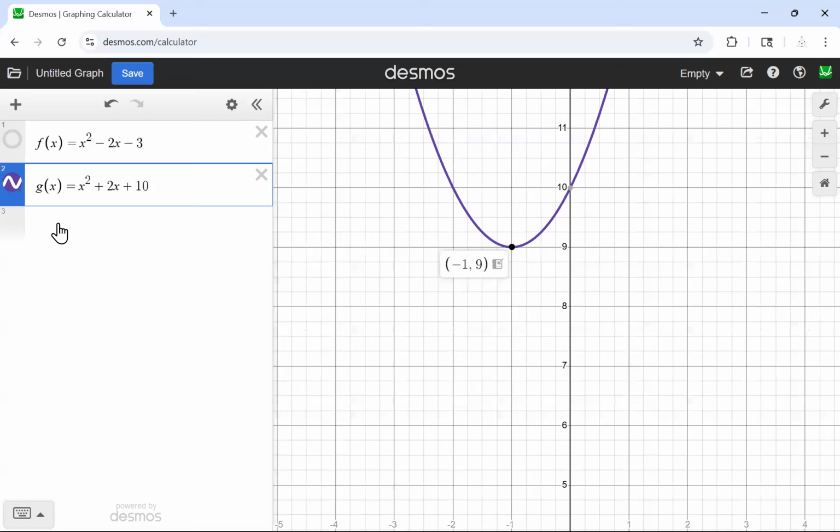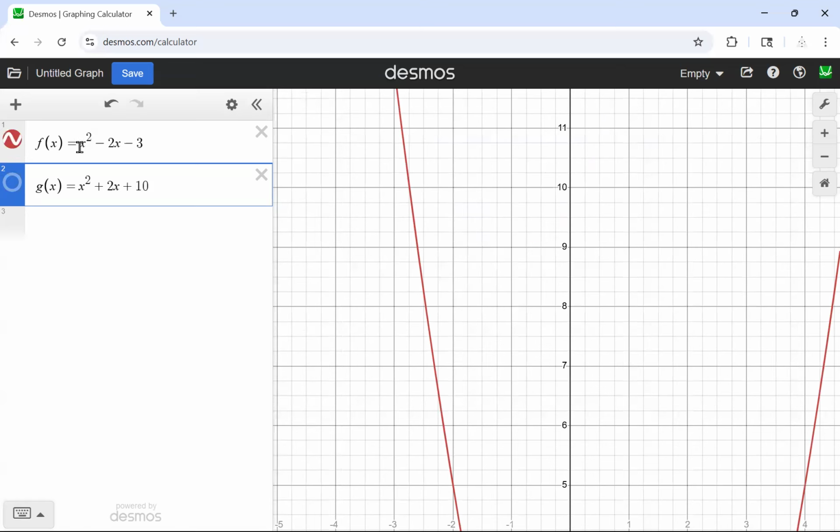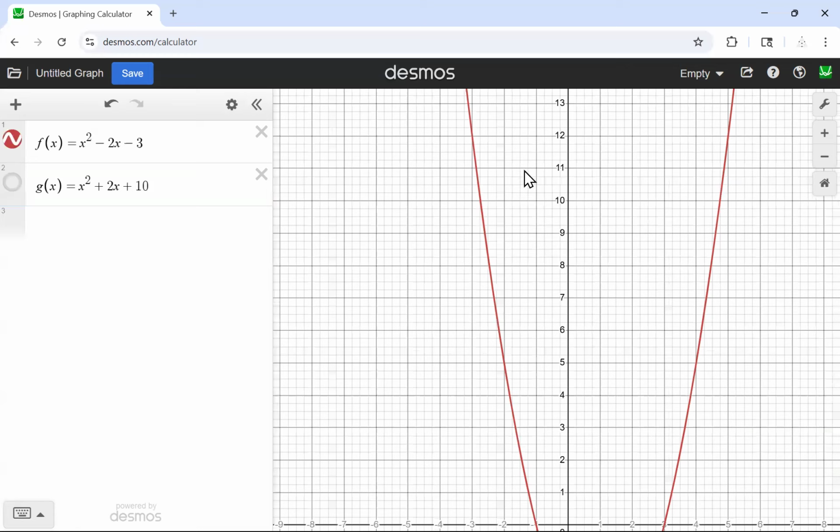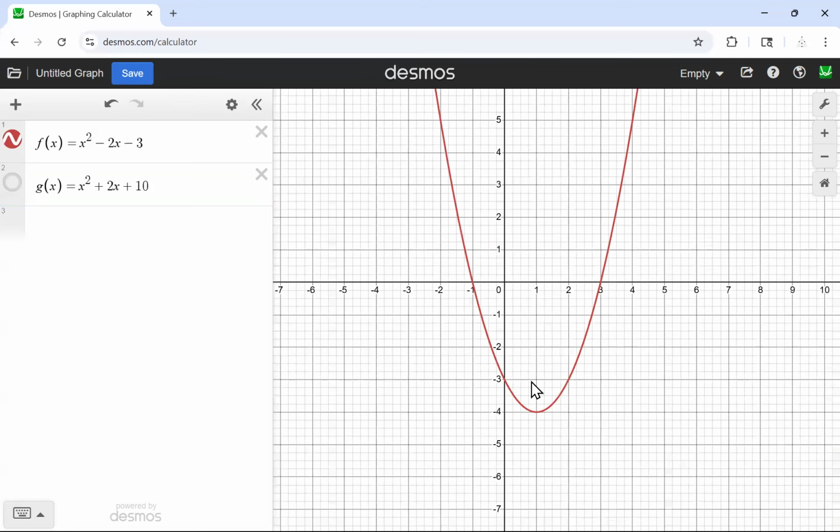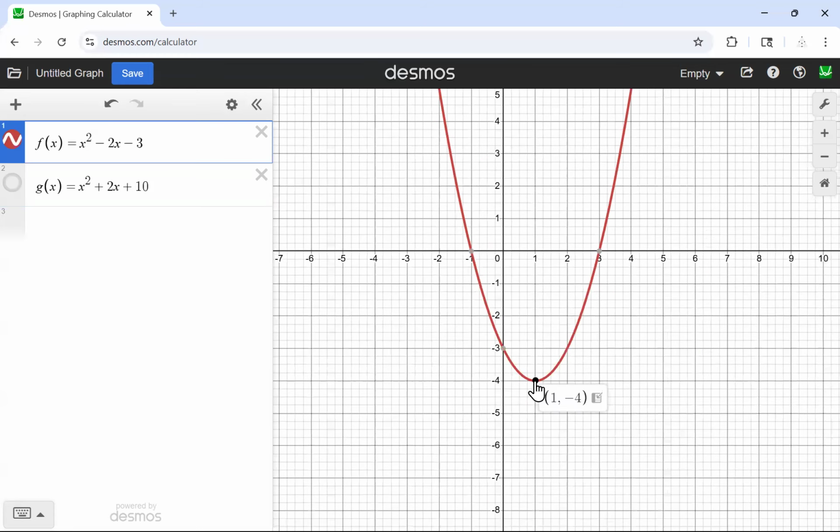And there's only one of those. The same is true on my previous function. We had one turning point, and that was at the vertex. At that point, it switches from decreasing to increasing. So that's the turning point of the parabola.